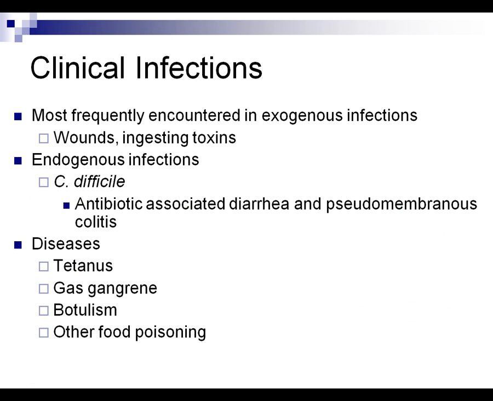Some infections, definitely be able to link the disease with the species of Clostridium. So we talked a little bit about Clostridium difficile, and this causes endogenous infections, which means the organism comes from inside your body. A lot of us do have Clostridium difficile in our intestinal tract, but opportunities arise for the organism to cause infection.